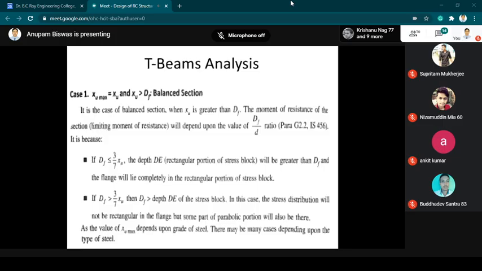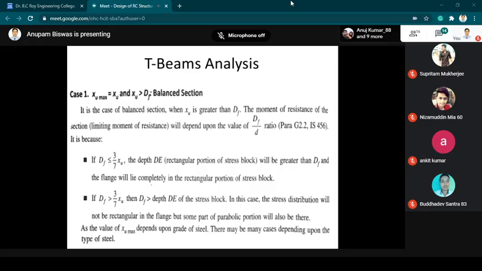It will be necessary for our calculation to check this. For these two cases, where DF is less than or equal to 3 by 7 XU, the flange is completely lying on the rectangular portion of the stress block. Another case is when the flange lies on the rectangular portion and some part also lies within the parabolic portion of the stress block.